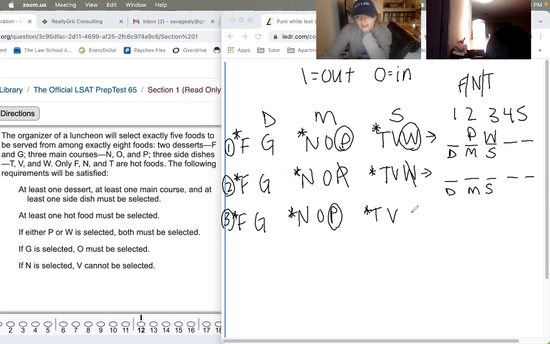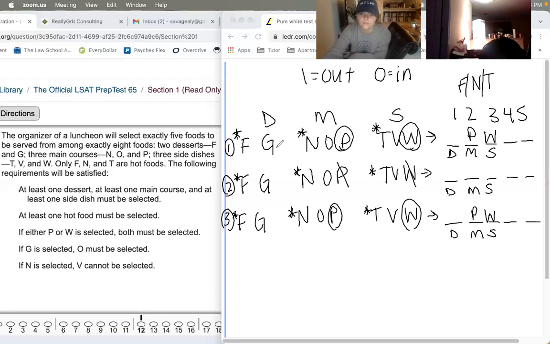T, B, W. I hope I'm giving myself enough space. I can't remember how many worlds we make from this. Okay, so what am I going to do in the first one? I guess we can go ahead and select G and then circle O as well.